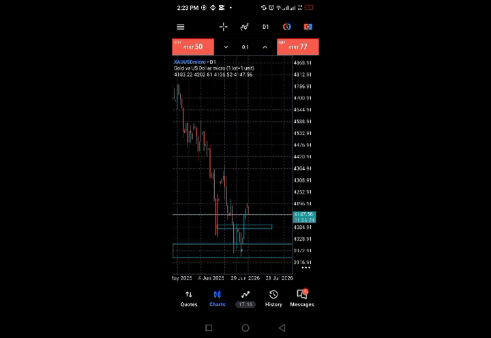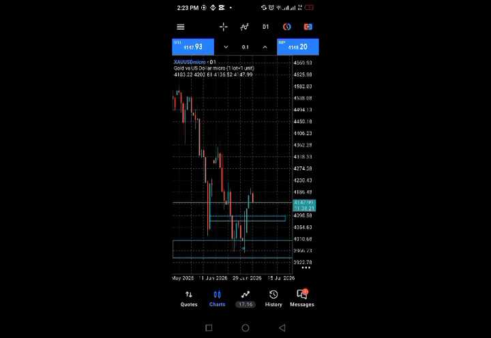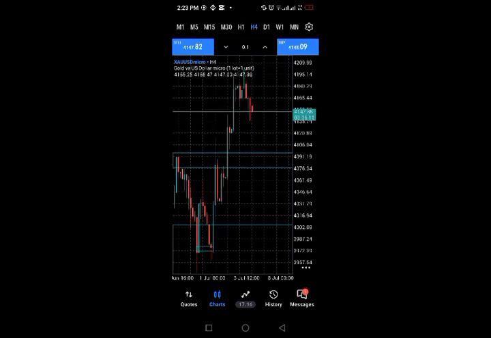Once price breaks a resistance, I wait for price to come and retest and make it a support. As you can see, price is probably coming to this point, which was our resistance, to make it a support. Let's now go to the small time frames for us to catch a trade.